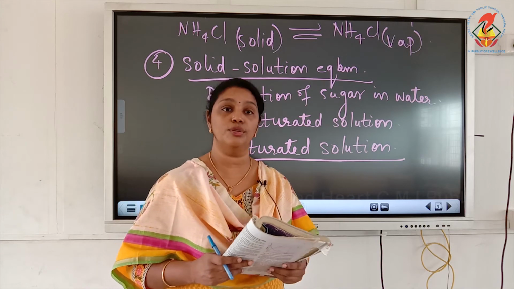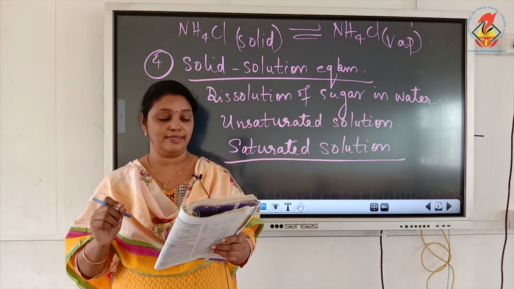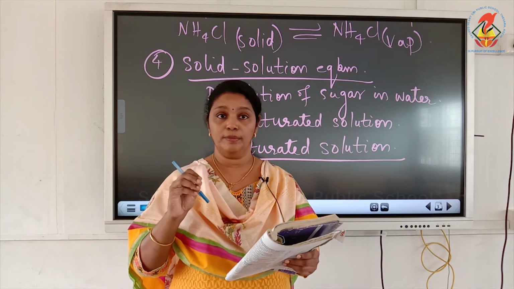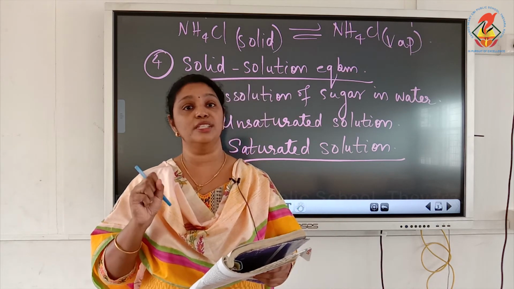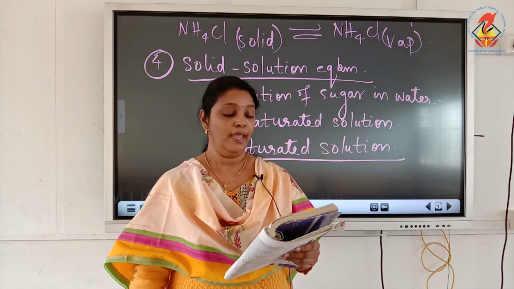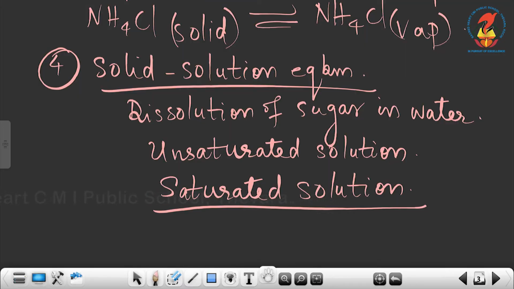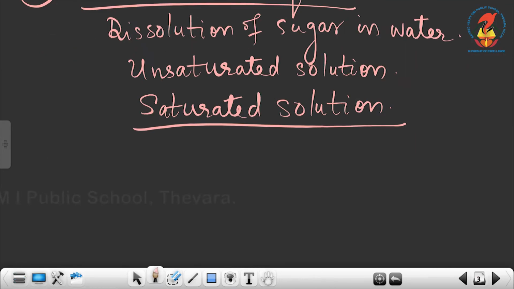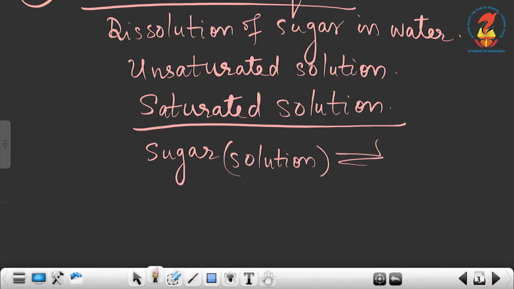So in a saturated solution, equilibrium exists between the solute molecules, that is sugar molecules in solid state, and the sugar molecules in solution, and we can represent it as sugar solution in equilibrium with sugar solid.